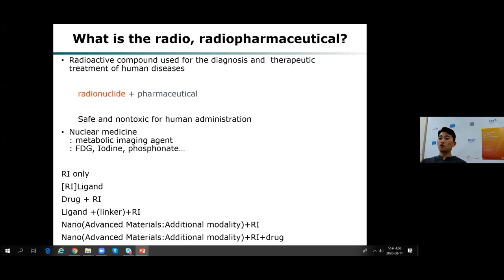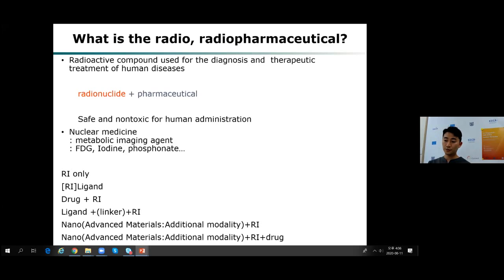Right before we talk about nuclear medicine drugs, let us check the kinds of diagnostic agents. First of all, RI administration alone is used for diagnostic applications.